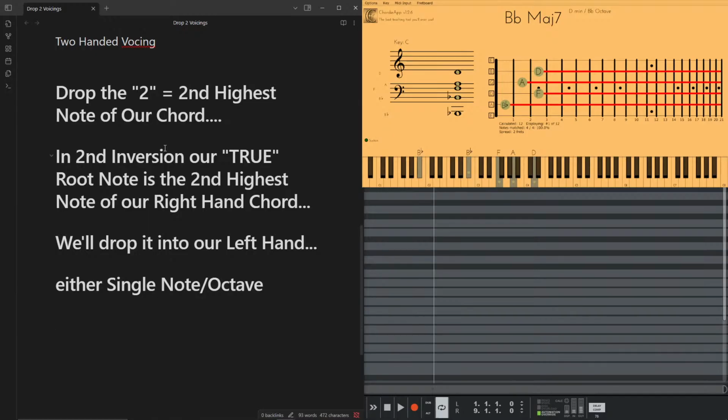That's the way we can move through the diatonic scale. This is our one. And we're just moving a note.